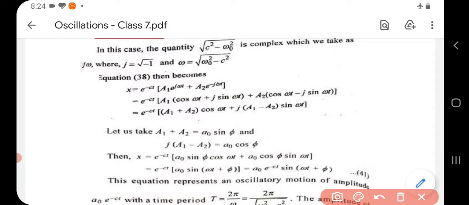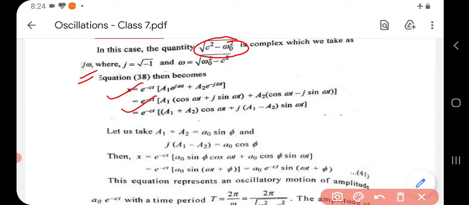Okay, so equation 38 will now become x equal to e raised to minus ct a1, that is, instead of this term, you write that term as j omega. So it will be e raised to j omega t plus a2 e raised to minus j omega t. Okay, now e raised to minus ct is common.